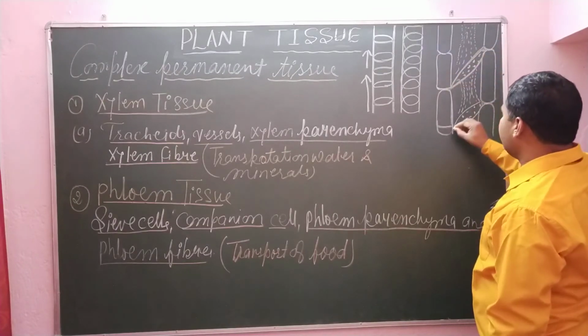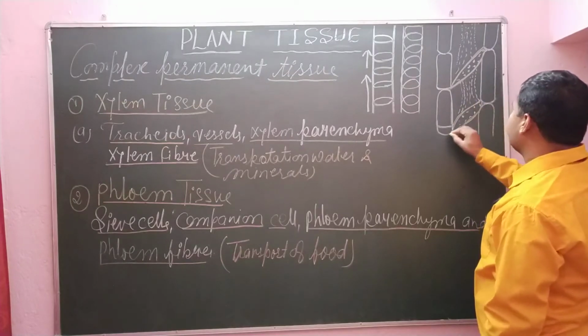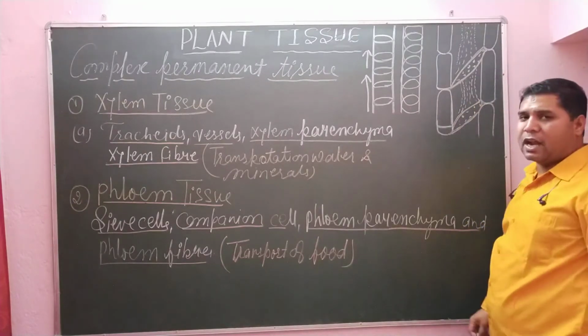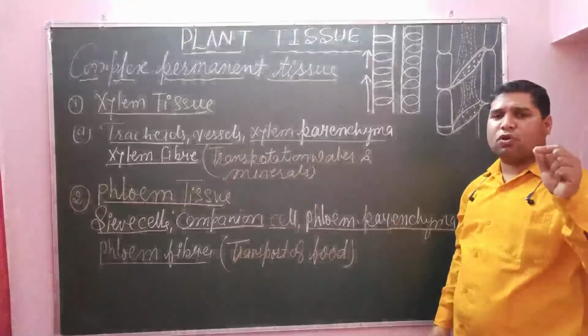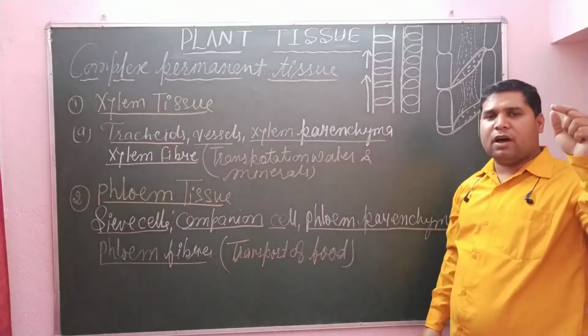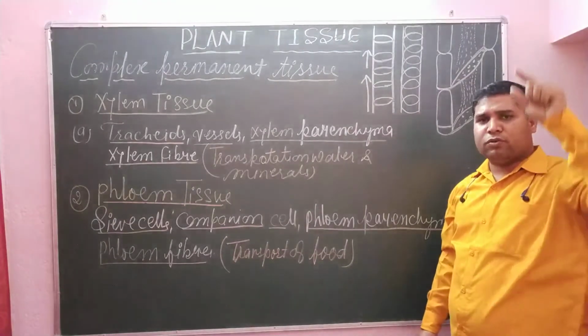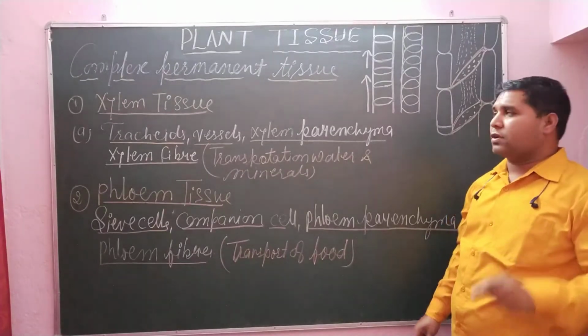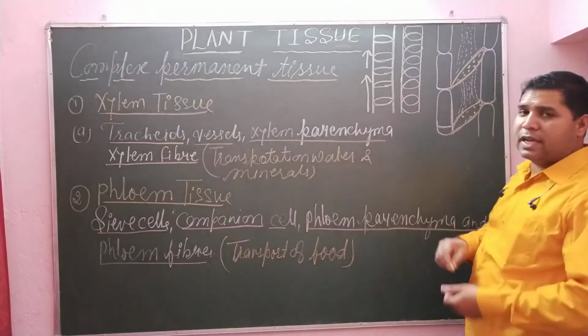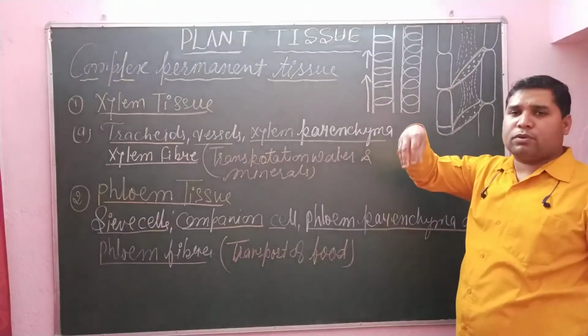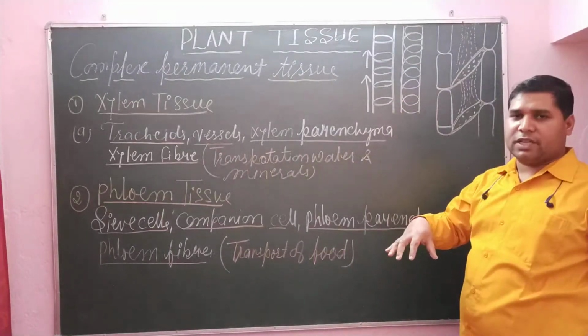These sieve plates are perforated and allow the free flow, in slow motion, of the transportation of food from upward to downward. This plate helps in the free movement of the food from upward to downward, dear student.